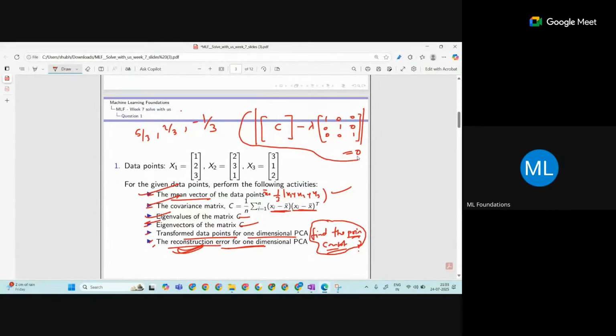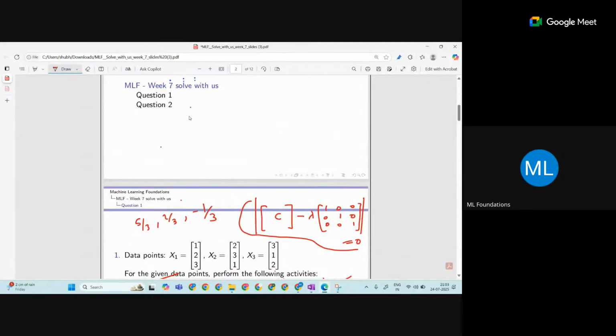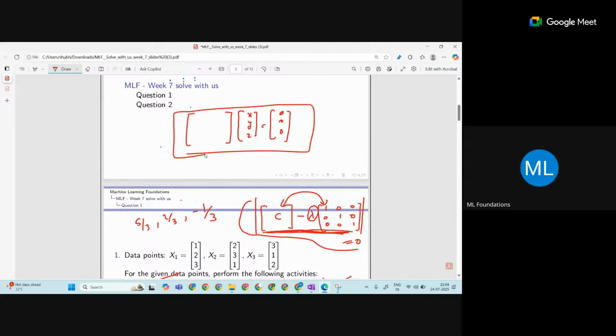Now the next step: once you have found the eigenvalues, substitute the lambda values in this matrix and write one single matrix, multiplying and subtracting. Then solve this homogeneous system of linear equations. You will get infinitely many solutions.